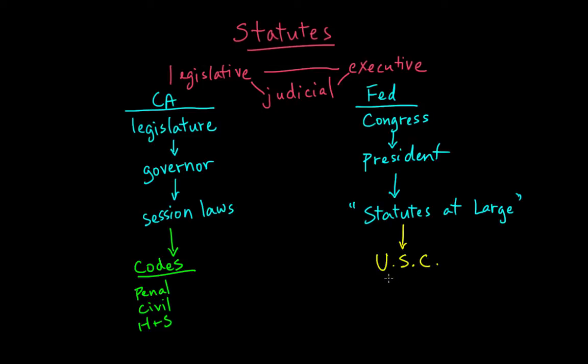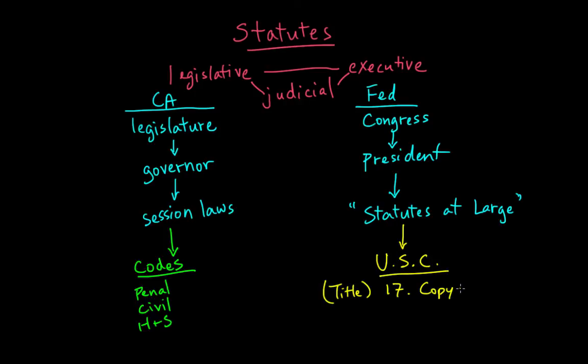But then the way this works is the United States Code is then divided into titles, and each title is numbered. So you have Title I, Title II, but for example, Title 17 of the United States Code deals with copyrights. So that's the subject of Title 17 of the United States Code. Let's write title here.